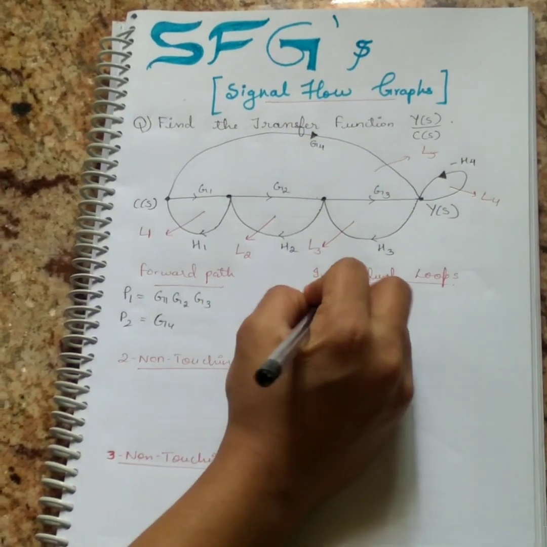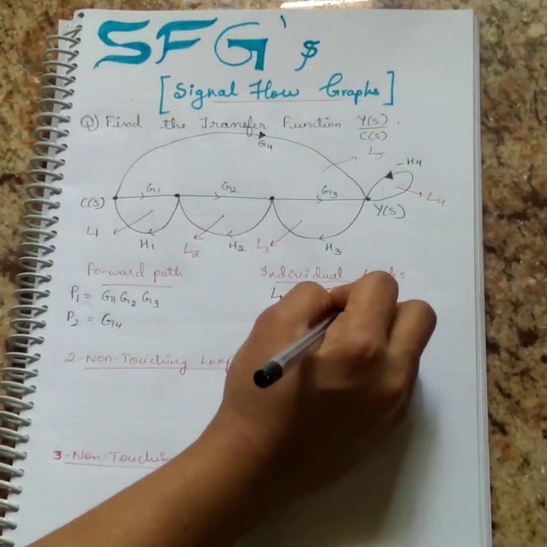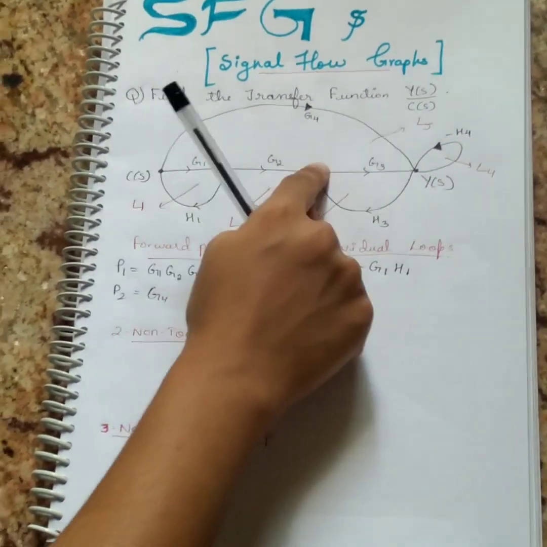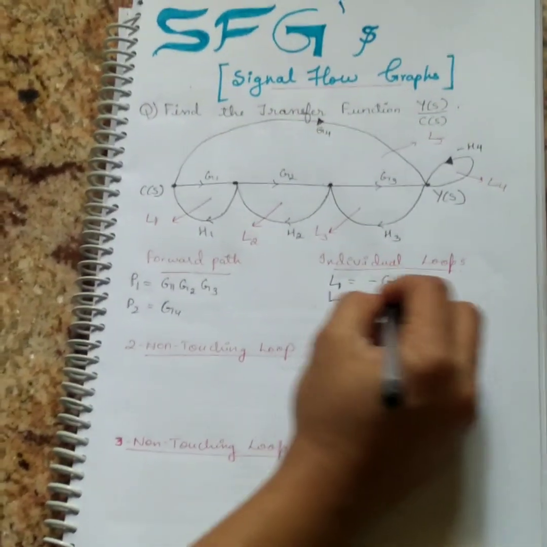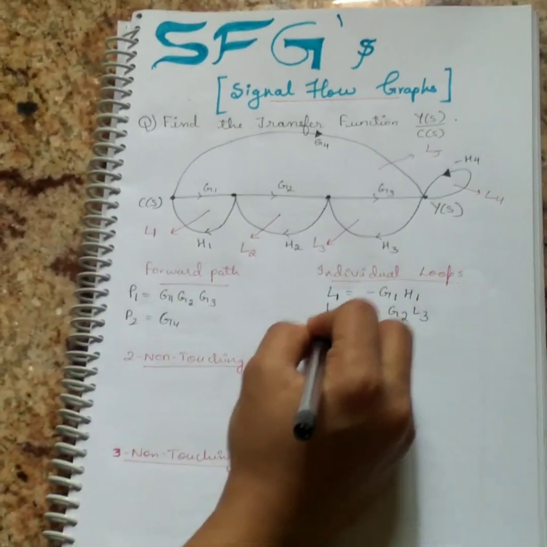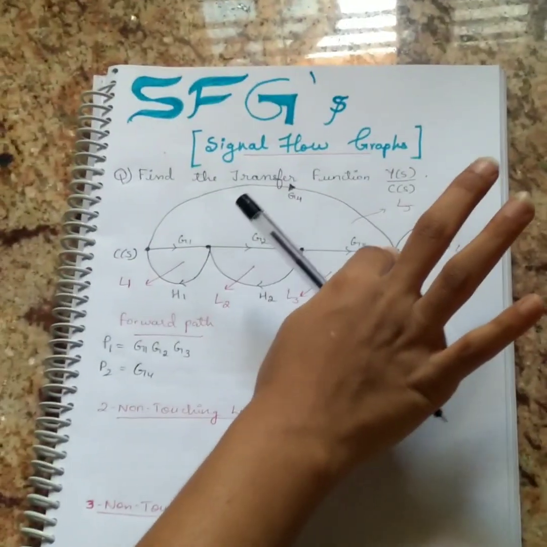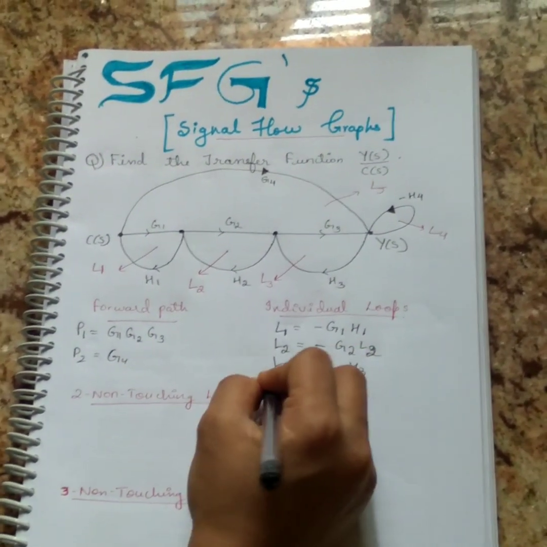So L1 is minus G1 H1, since it will move like this, and L2 is G2 into H2, but since it is moving like this, it is minus G2 H2, and L3 is G3 into H3, minus G3 H3.